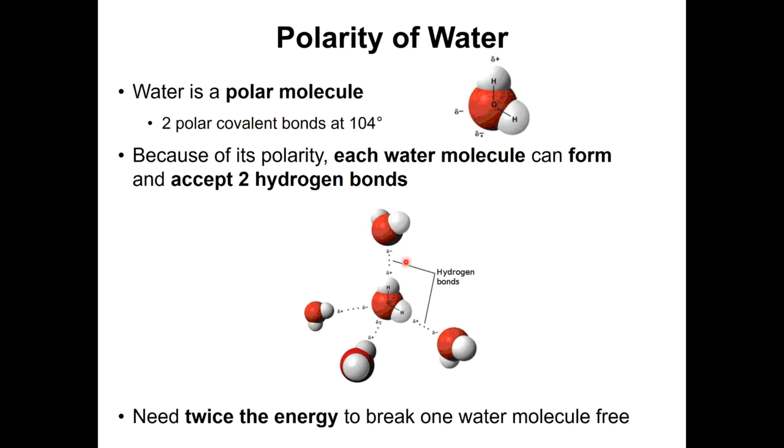Because of the two hydrogens, each water molecule can form two hydrogen bonds with others. This implies that you require twice as much energy to actually break one water molecule free, which has big implications in terms of thermal capacity. And also when we talk about perspiration, you'll see later.